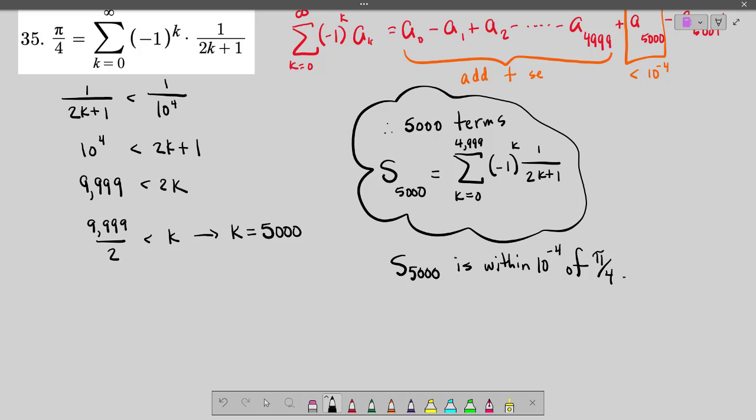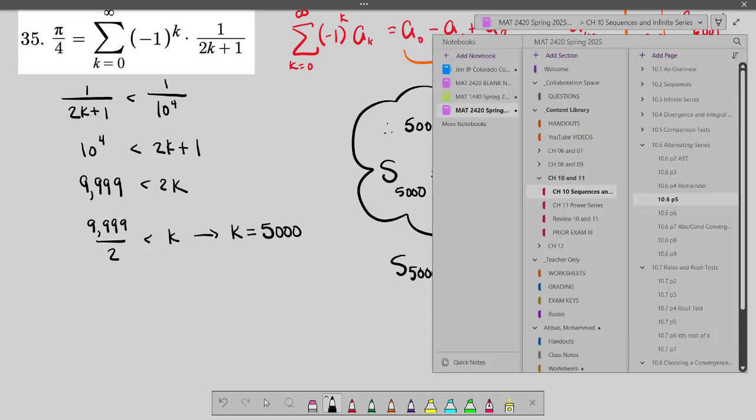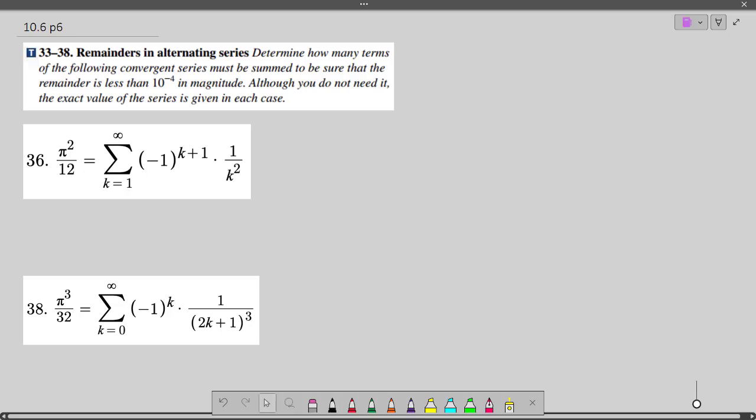Now, if we're doing brain surgery, maybe not. Maybe we want to go a little further. But for measuring the amount of liquid in a container, that's usually plenty. Okay, so 5,000 terms. All right, let's try another. So these are a little subtle, take a little bit of practice.